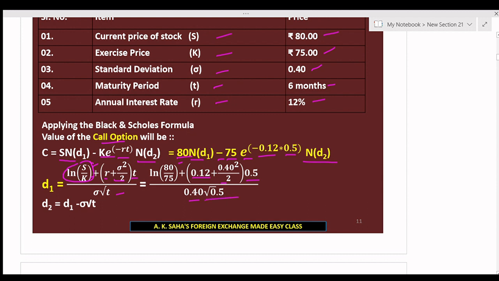And D2 is equal to D1 minus sigma root T.